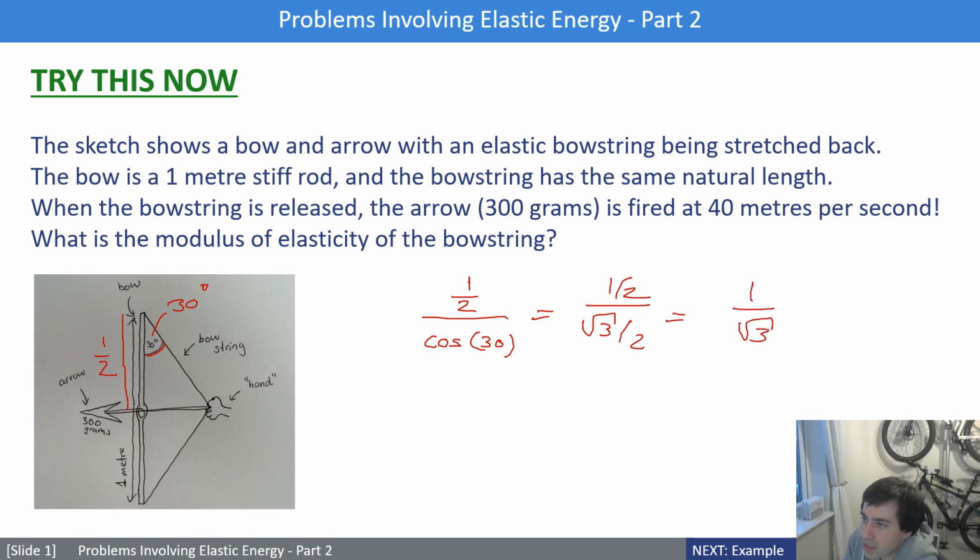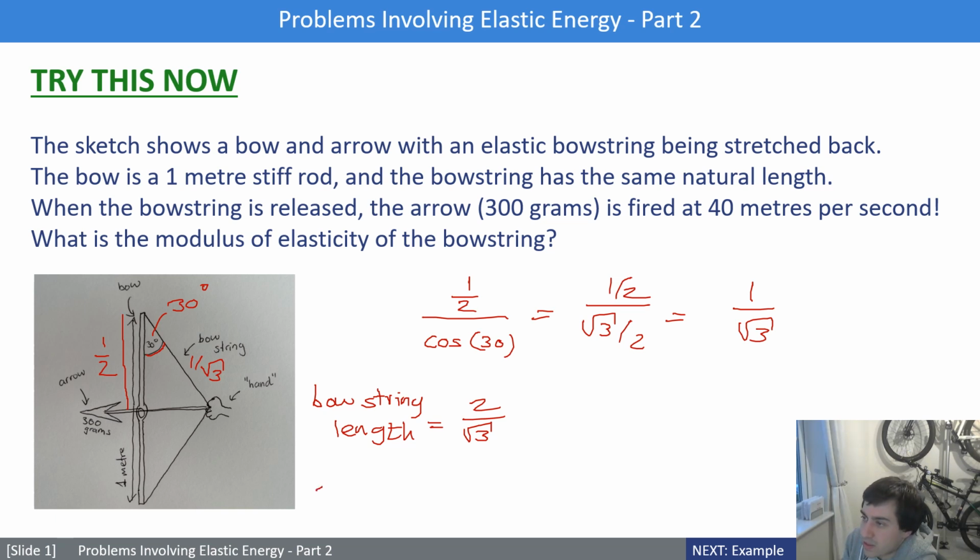That tells me the length of one part of that bowstring, right? But the full bowstring is going to be double that, so the bowstring length is currently 2 over root 3. However, its natural length is 1.